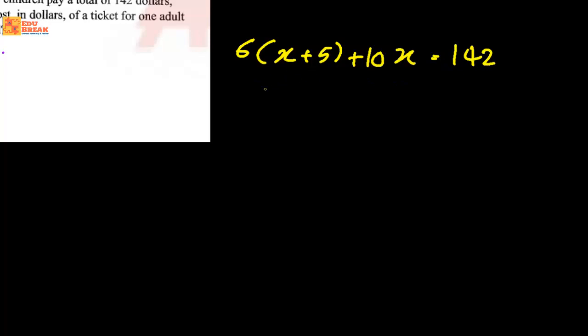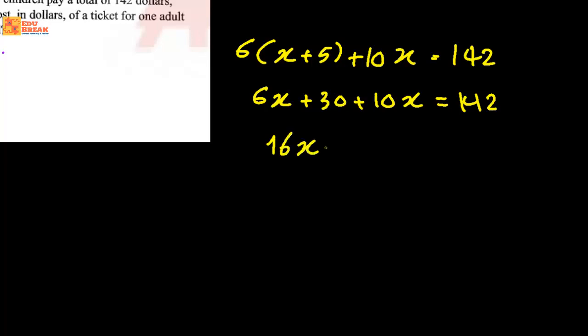So we can find the value of X: 6X plus 30 plus 10X equals 142. You can use the calculator to find the value of X. So 16X plus 30 equals 142.